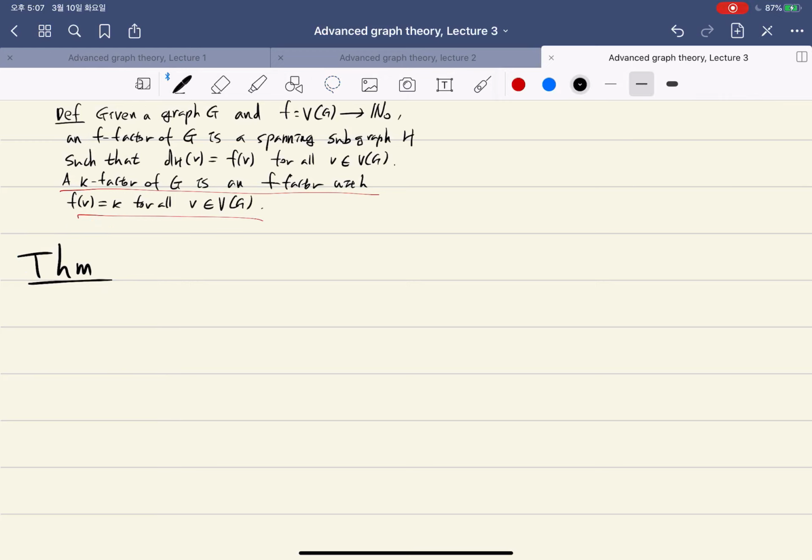So with flow, we can actually prove the necessary and sufficient condition for a bipartite graph to have an f-vector.